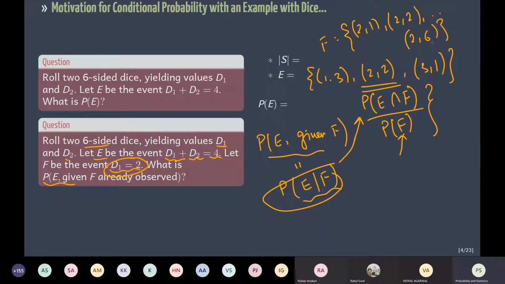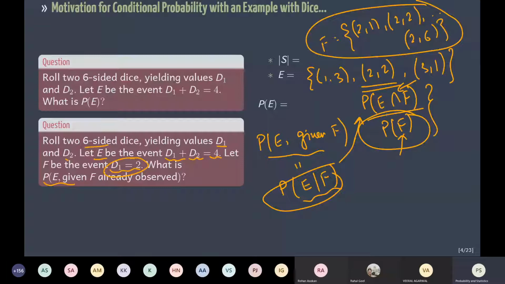Since F is given to me, my sample space has reduced, and I'm only looking at relevant outcomes, which are E intersection F. Since event F has been observed, there is no point in taking a sample space outside F, because F has happened.